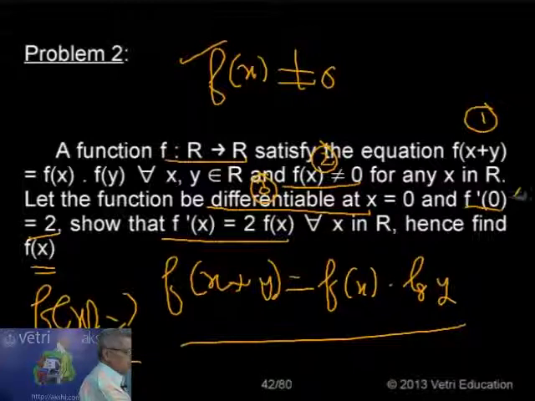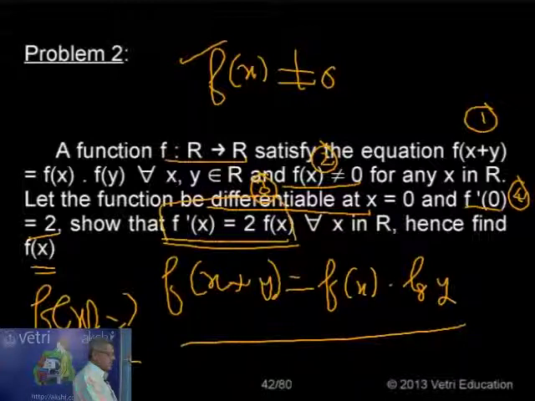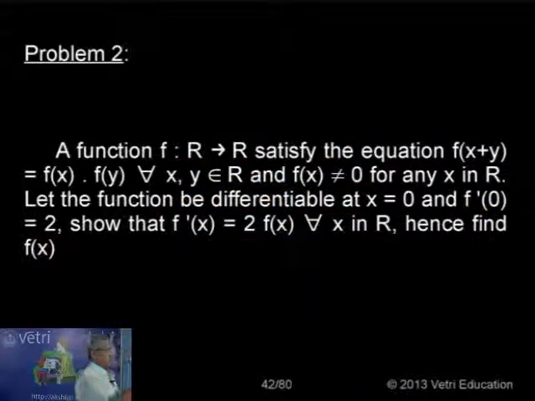With these conditions, we are showing f dash x is 2 times f of x, and ultimately we are finding f of x. Let us see how this is obtained.